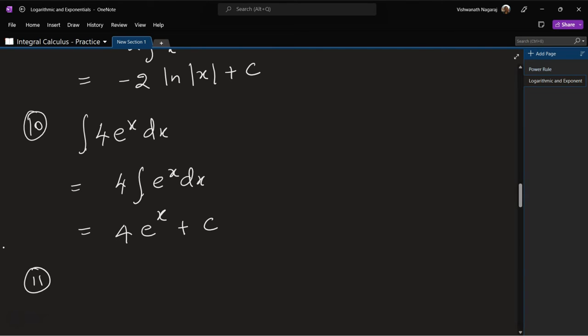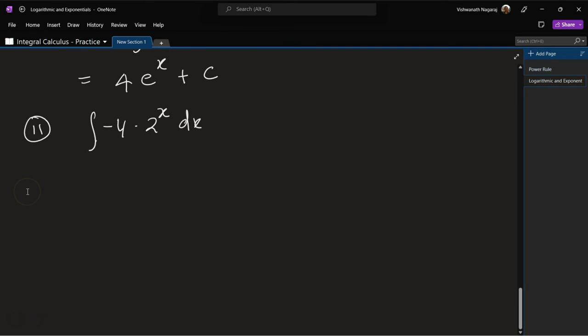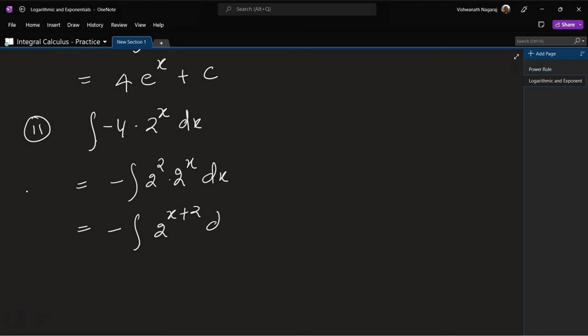Okay, 11th one, integral of minus 4 times 2 to the power of x dx. Now this is a little bit different. Remember, this can be written as minus 4, we can take it out. This can be written as 2 square times 2 to the power of x dx, which means we can write this as 2 to the power of x plus 2 dx.